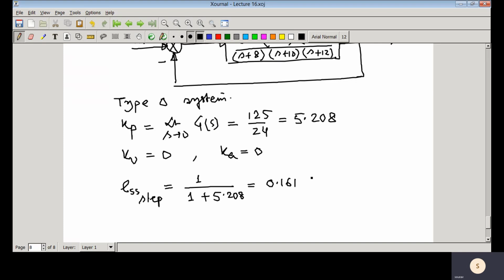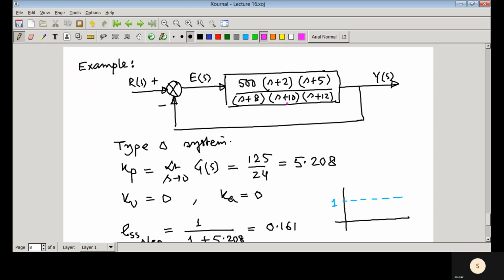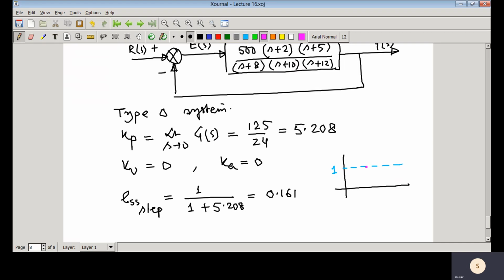So that means whenever you apply a unit step input, the reference is 1. Here you need not know exactly what the transient is, I am just going to give you the steady state. The error signal e(t) is r(t) minus y(t), when t tends to infinity, that means at steady state.